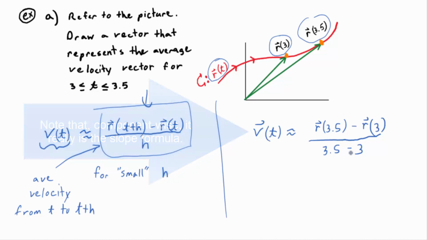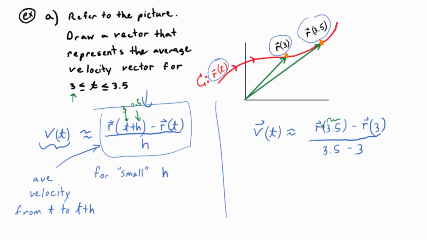It's easier for me to think of it that way. But it really does conform with this formula, because what's t here? T is the beginning value of t, which is the 3. And what's h? The 0.5. So you take 3 plus 0.5, oh, that's this guy.